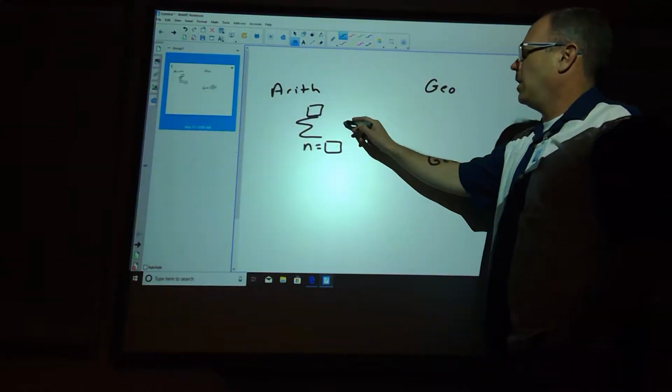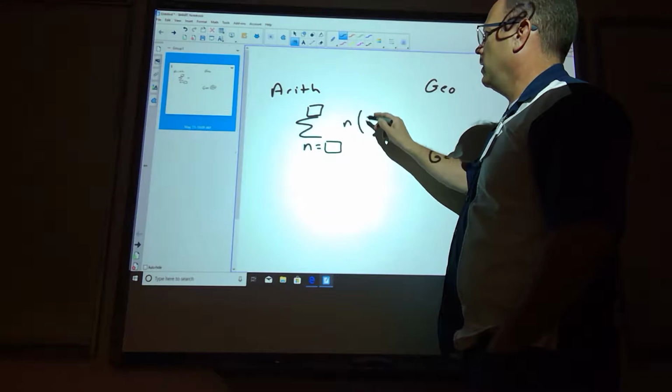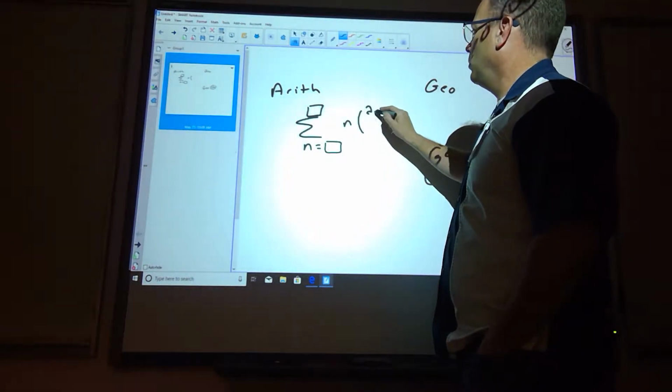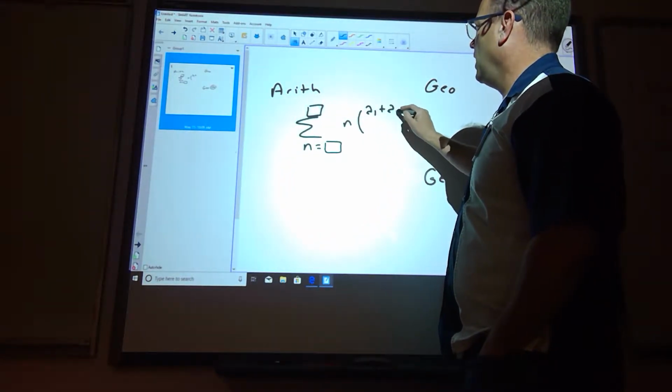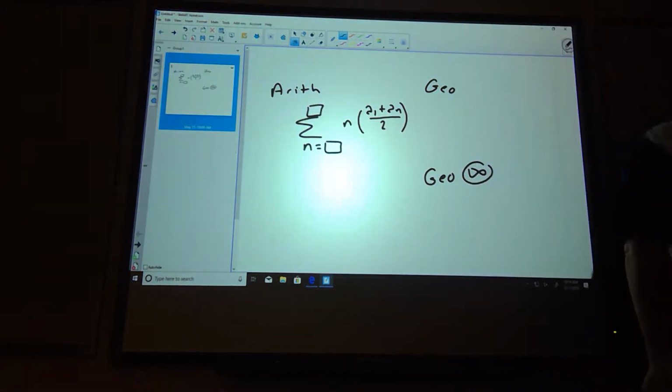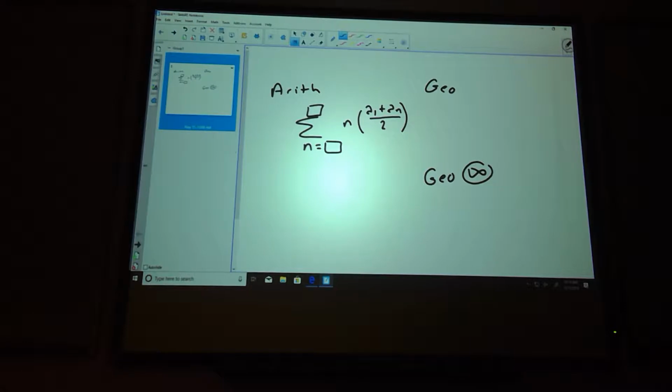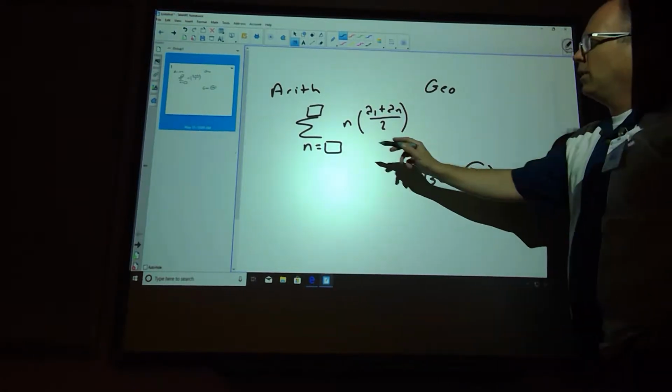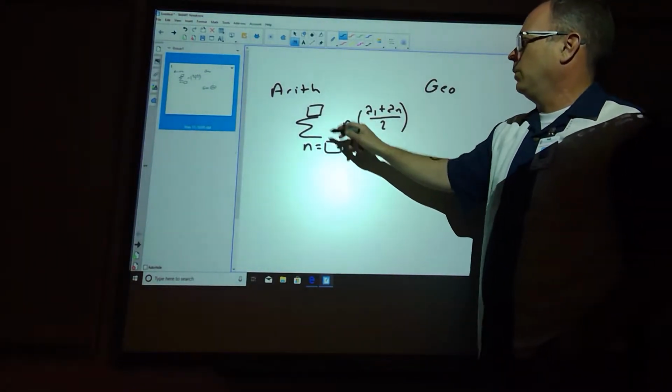Wasn't it n, and then this was a1 plus an over 2? Is that it? Did I remember that off the top of my head? Okay, cool. And geometric, and then we can have whatever numbers in here we want.